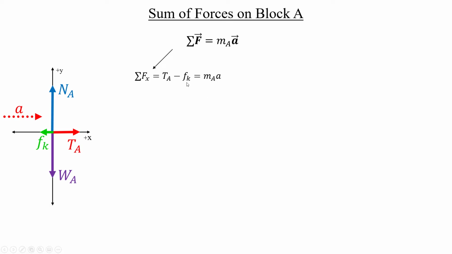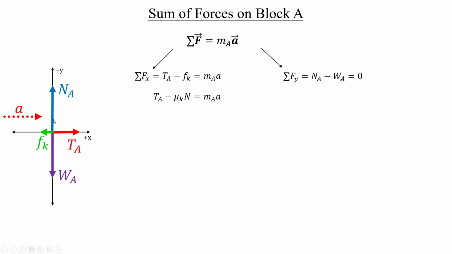We can simplify the kinetic frictional force to mu sub k N in the next line, but we can't go any further until we have an expression for what the normal force actually is. And we can get that from the sum of forces in the other direction. Because, as I mentioned earlier, the normal force on block A and the weight of block A have equal magnitude.